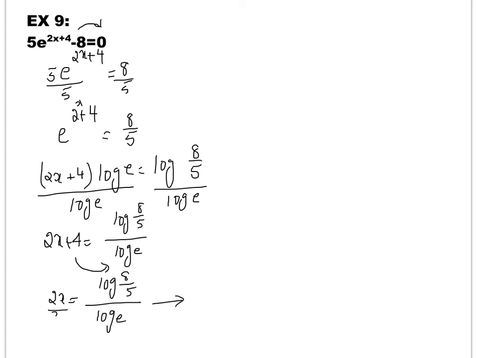Now divide by 2, and this one divided by 2, so the answer becomes x is log 8 over 5 divided by 2 log e, which is approximately equal to 0.24.